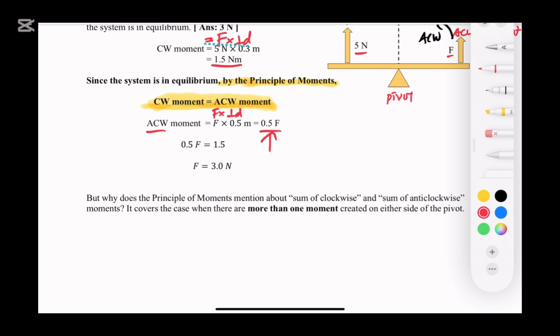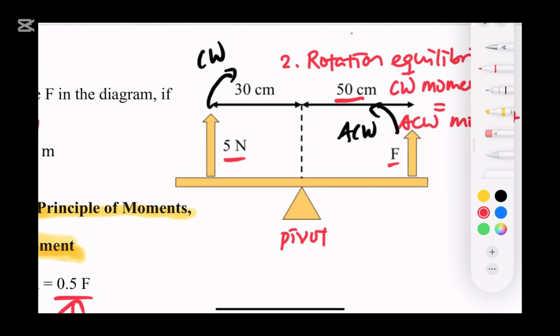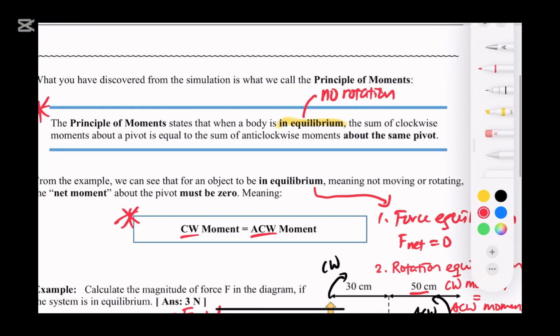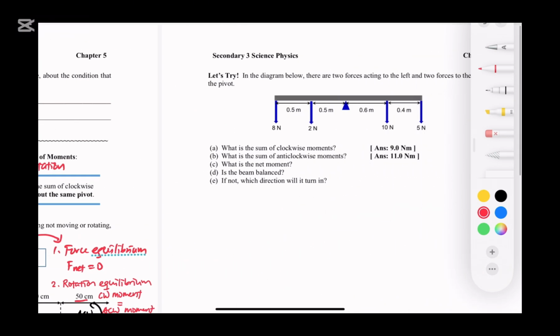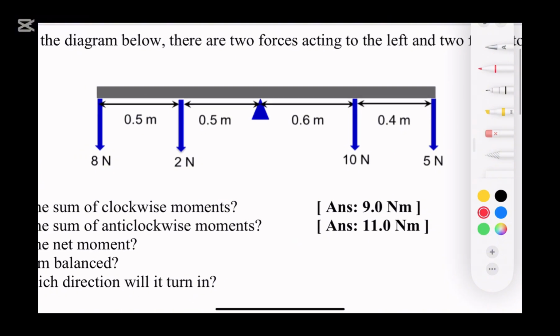Okay, so in this case, we only have one clockwise and one anti-clockwise moment about the same pivot, but the principle itself says to look at the sum of the moments. This is shown in this kind of example, where for the same pivot there is more than one clockwise moment and more than one anti-clockwise moment.